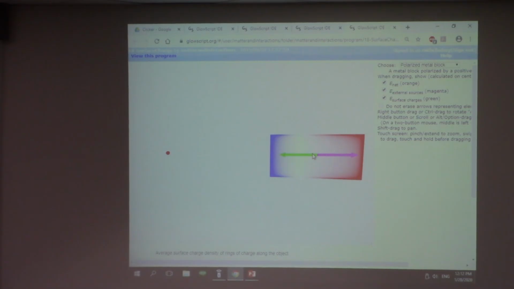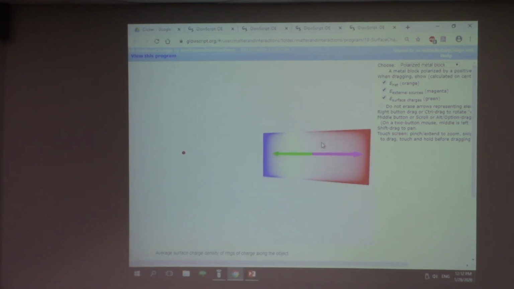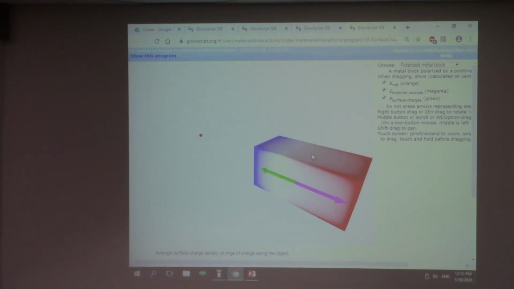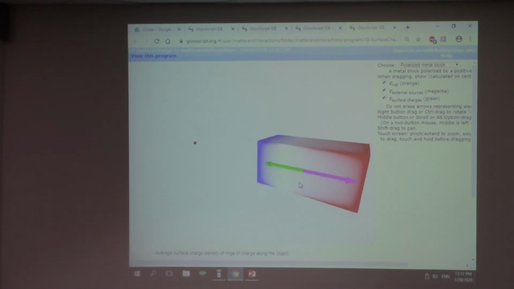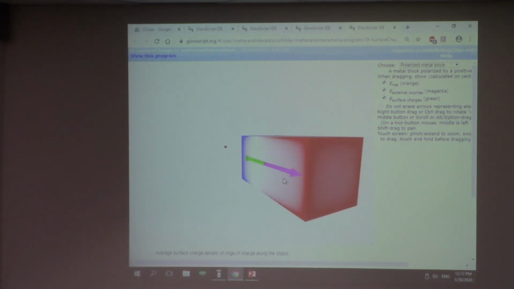So in fact, interestingly, this rather complicated distribution of surface charge, which is not by any means uniform, is enough to actually make the net field 0. Now what we're doing here, we're measuring the field inside, but we're drawing it on the surface so we can see it. But really that corresponds to a field inside.